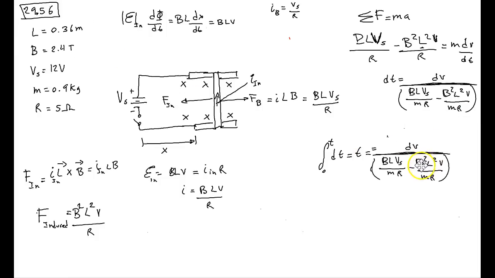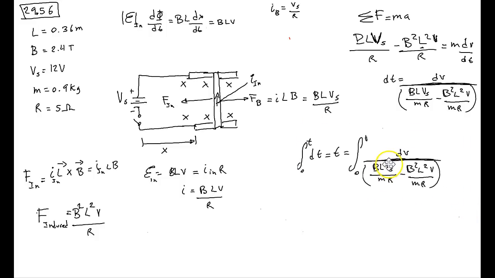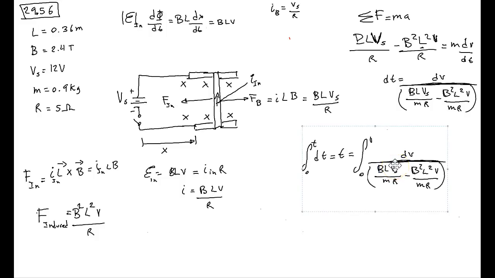Is that right? That's right, isn't it? What we want is dv. dv is going to be equal to negative mR over B squared L squared.